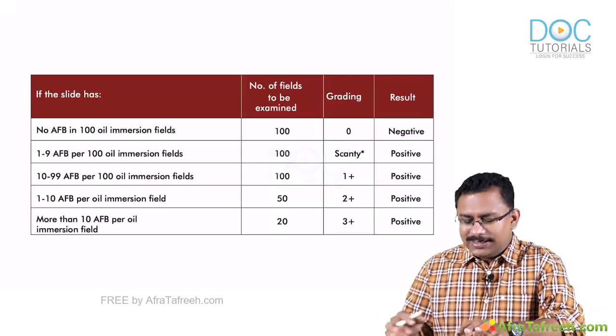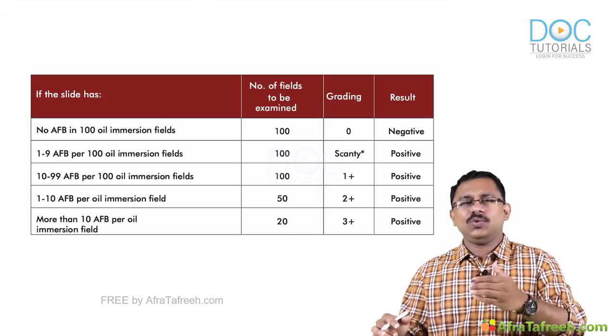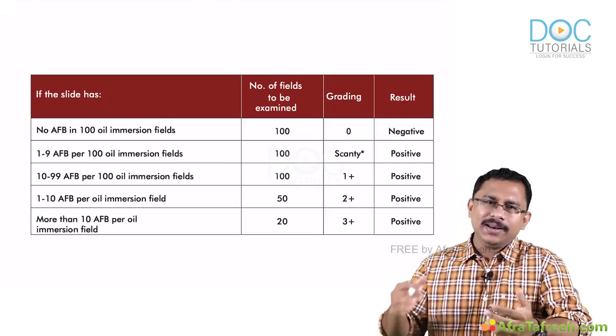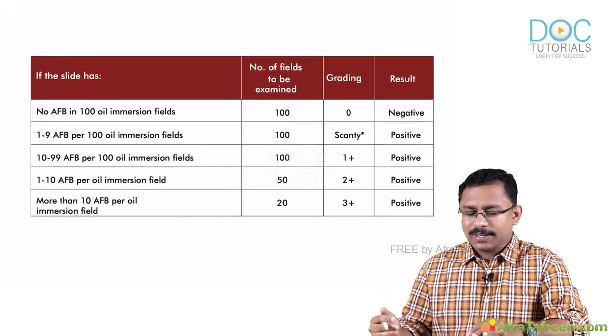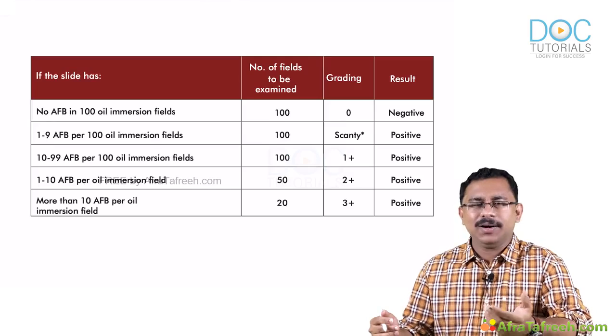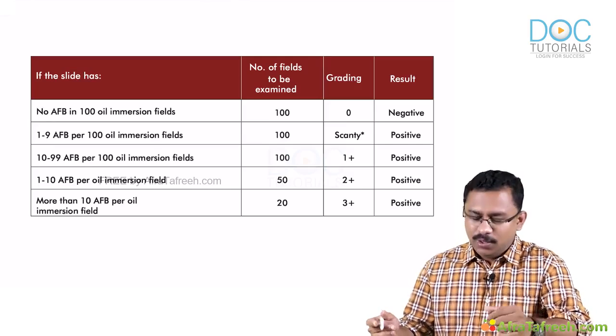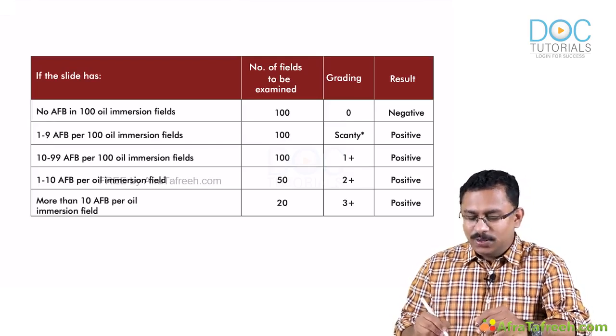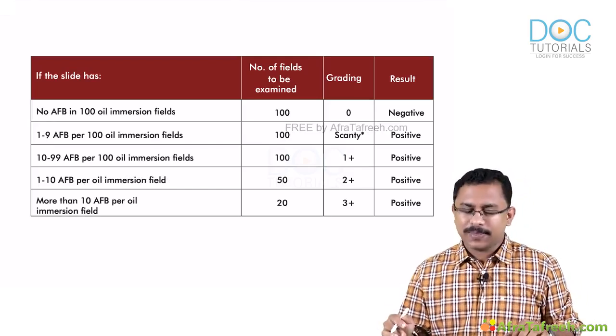Now just a few points. Suppose you have tested the sputum, and there should always be a grading. So the grading of this sputum sample is based on the number of bacilli that you get per immersion field.